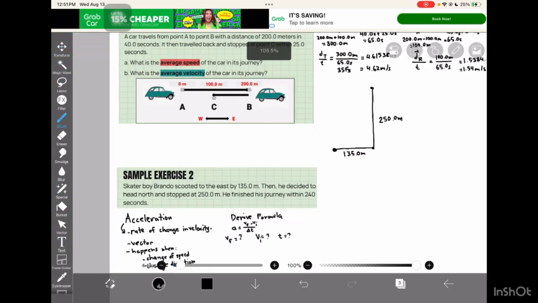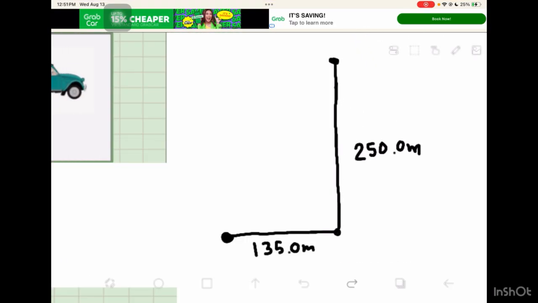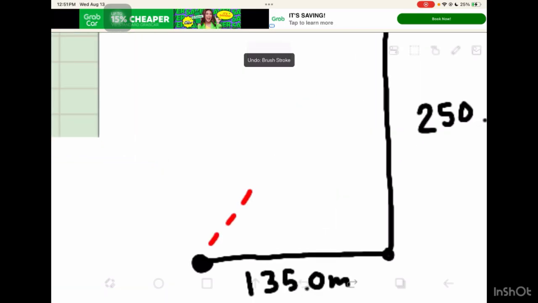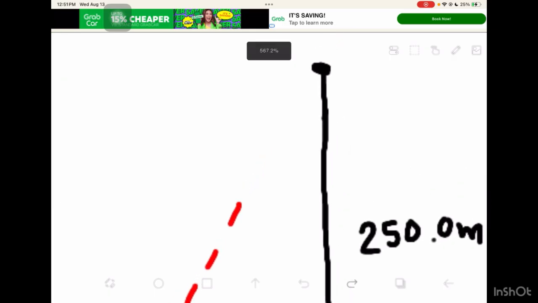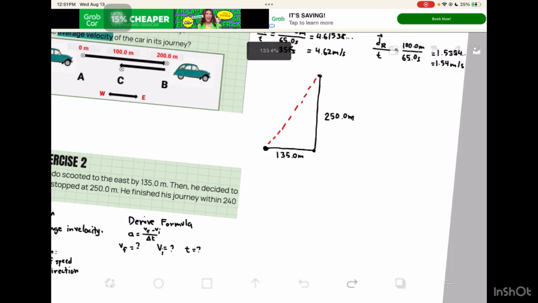Now this is our diagram. But you see these 2 points over here, right? They can be connected through one line. You don't have to go through this line because remember, displacement is just from point A to B, start to finish. So we can just draw this dotted line over here. So this is going to be our displacement. So in this case, we have a right angled triangle.